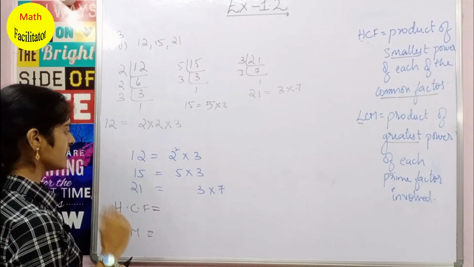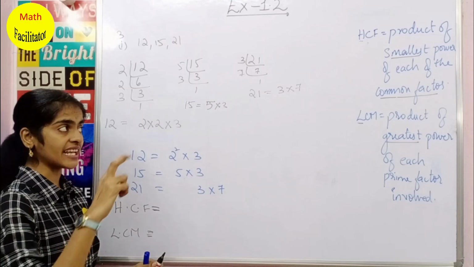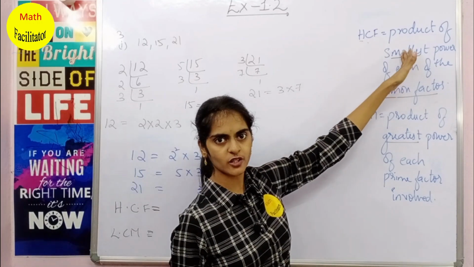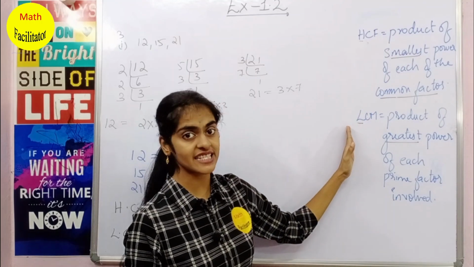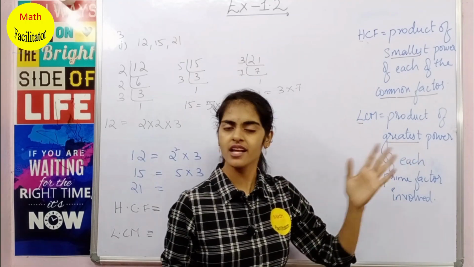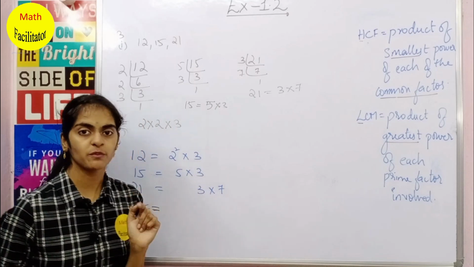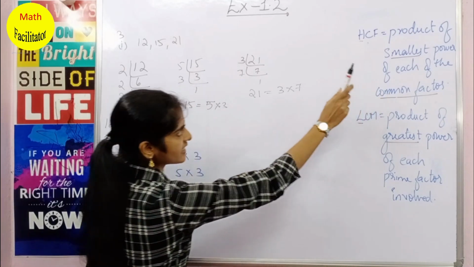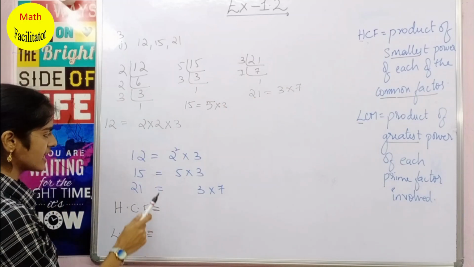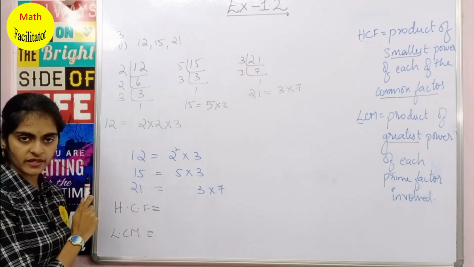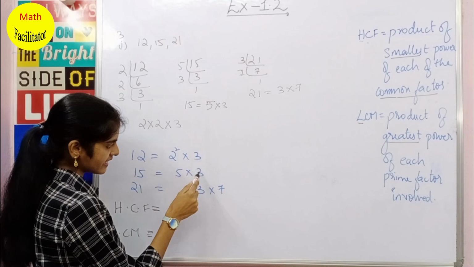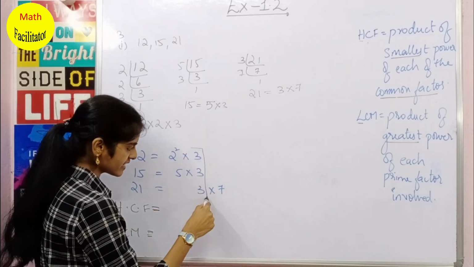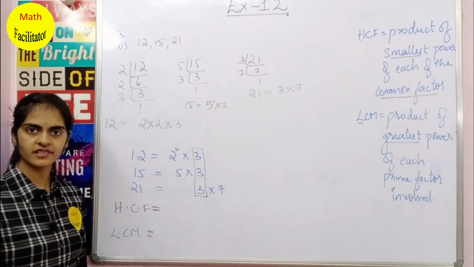Now here the difference comes between LCM and HCF. Most of you remember that highest means smallest power, and least common multiple means greatest power. But there is also one more important difference. You will take the common factor for HCF. Out of 12, 15 and 21, 3 is common in all three numbers.